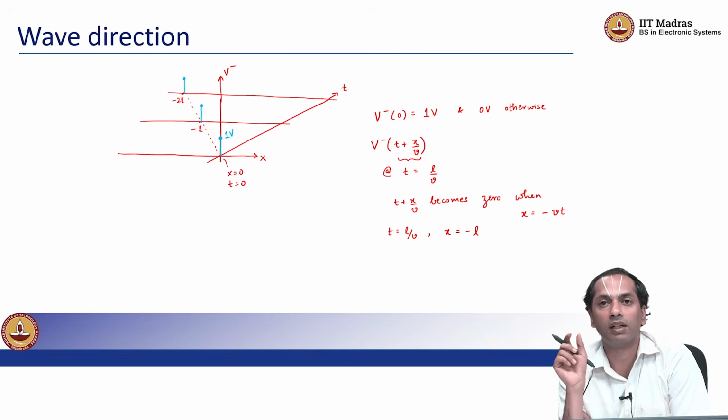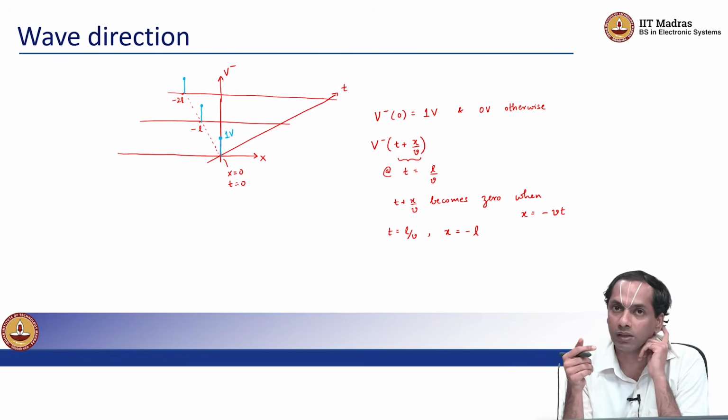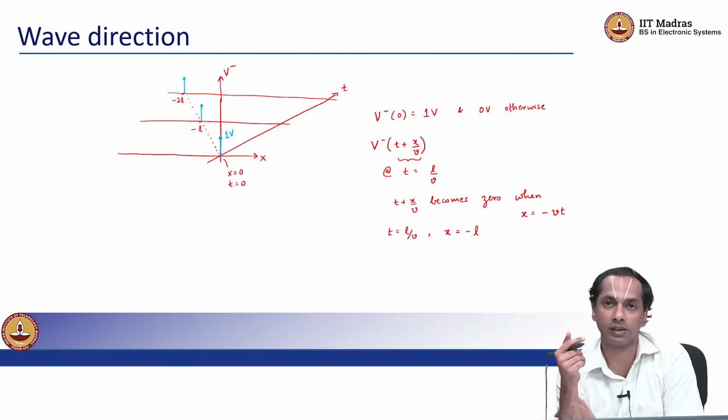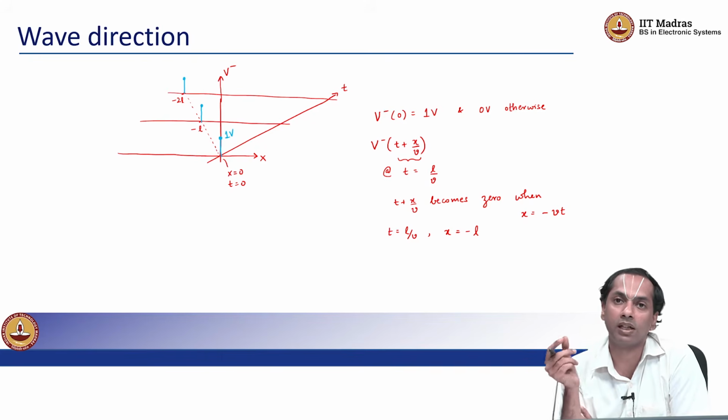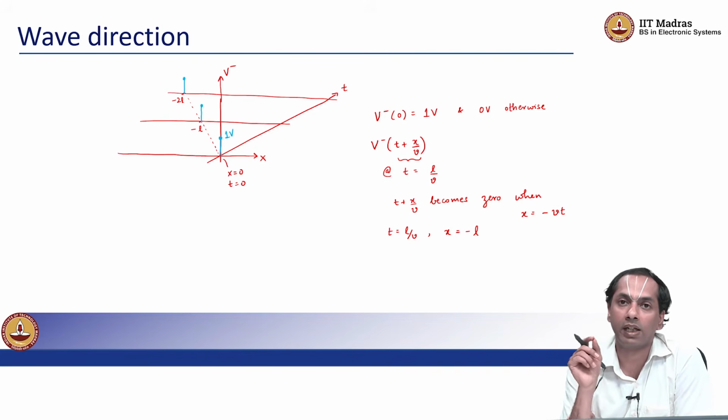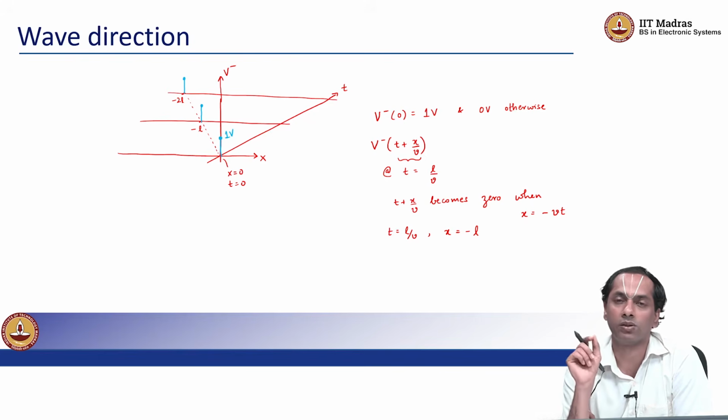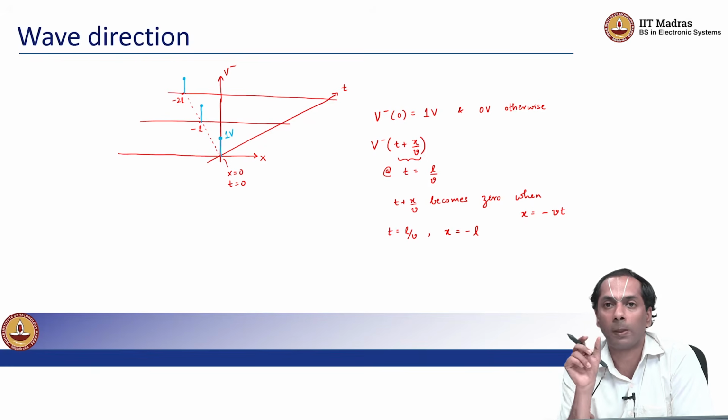If t and x by v come with the same sign, that is t plus x by v, the function represents the movement of voltages and currents in the negative x direction. Whereas if t and x by v come with opposite signs, like t minus x by v, then the function V plus of t minus x by v denotes the movement of voltages and currents in the positive x direction for future times. So you can extract which direction is being followed just by looking at the argument of this function.